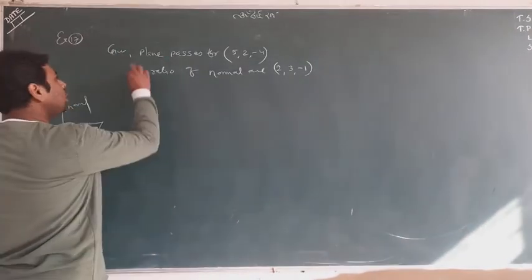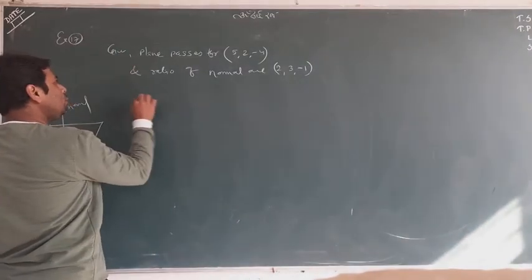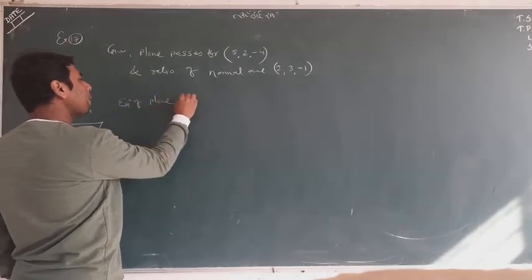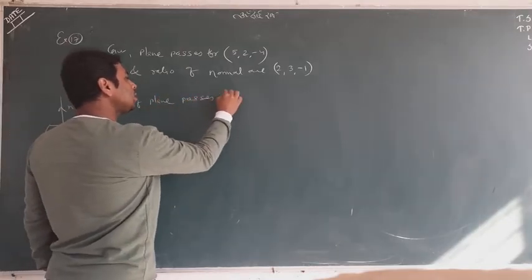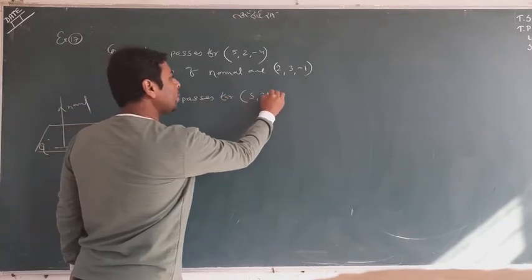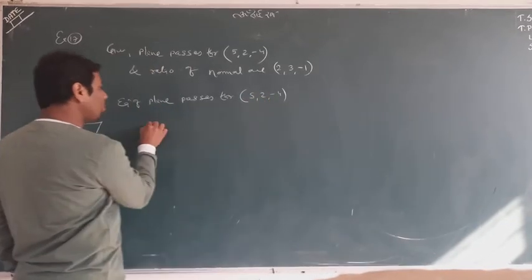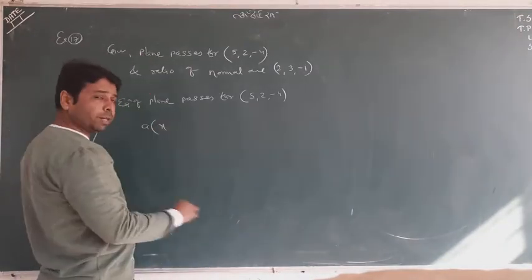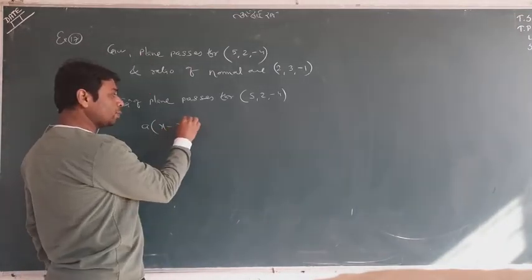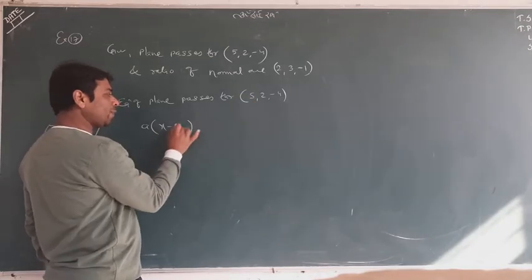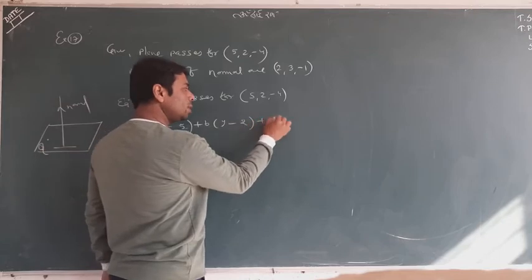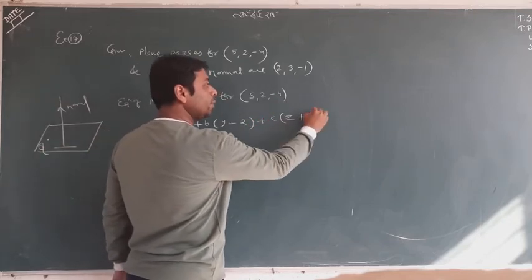So in the picture, the equation of the plane passing through one point, do you remember x1, y1, z1? The formula is A(x minus x1), the one-point form. So x minus x1, meaning x minus 5, plus B(y minus y1) plus C(z minus z1).